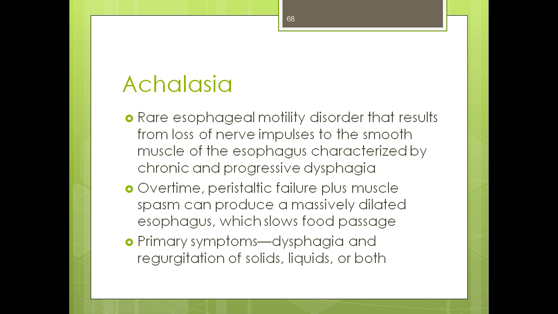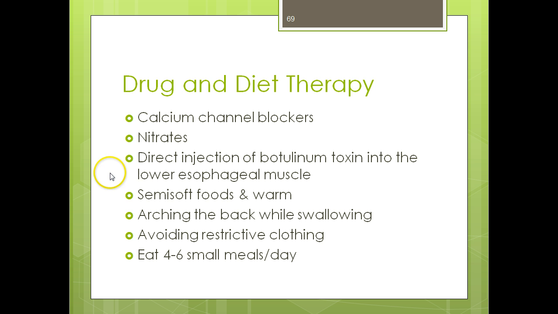Over time, peristaltic failure plus muscle spasm can produce a massively dilated esophagus, which slows how the food passes. The primary symptoms of achalasia are dysphagia and regurgitation of solids, liquids, or both.